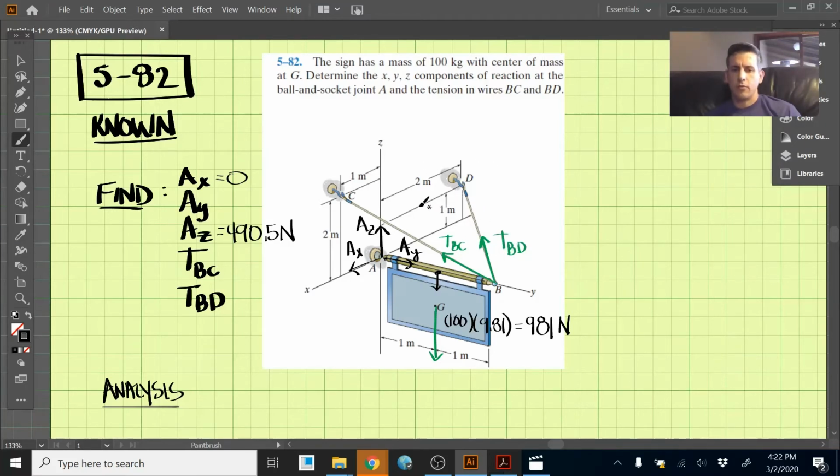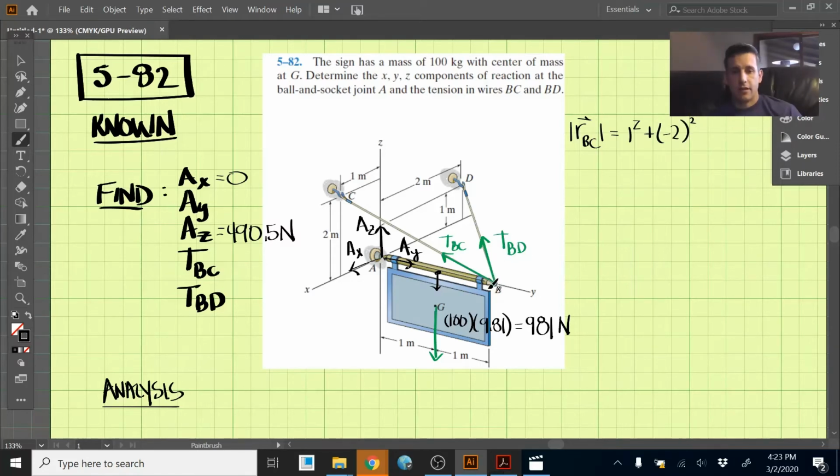All right, so remember how to do this. We first need to know the length of this cable here. So the cable length from BC, we'll call that RBC. And the magnitude of that, which represents the length of that cable, in the X direction, moving from B to C, is 1 meter. So 1 squared plus, in the Y direction, moving from B to C is -2 squared.